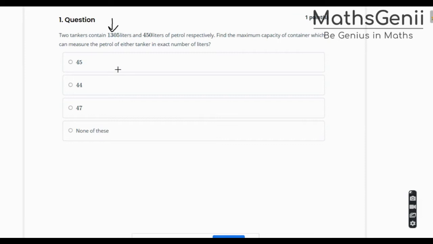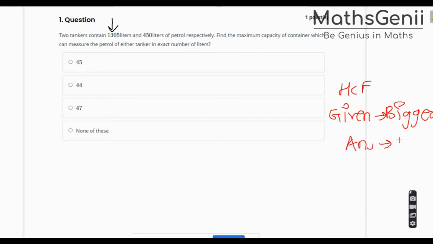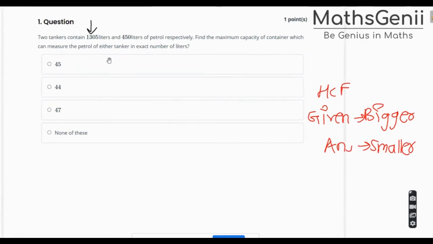For HCF, if the given information is bigger and your expected answer is smaller, then you have to find the HCF in this case. So let's find the HCF.